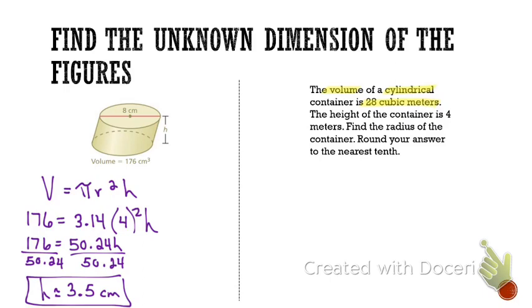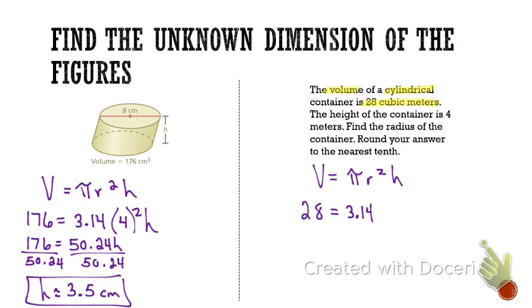So that gets plugged in. All right, volume equals pi r squared h. That gets plugged in for volume. So you see, you've got to be able to kind of pick apart the problem and figure out which number goes in for which variable. All right, so 28 equals 3.14 times your radius. Do you know the radius?